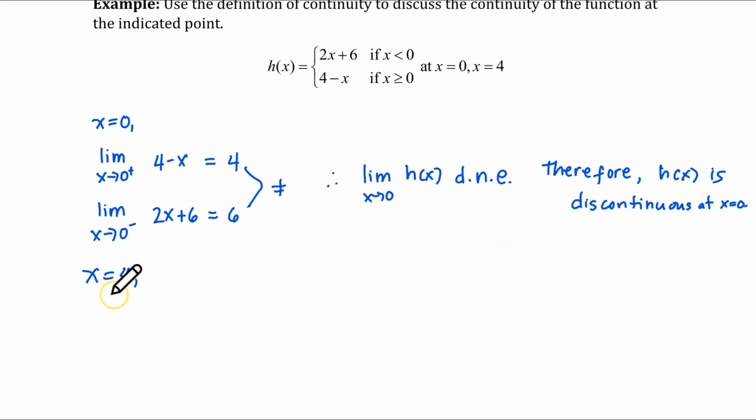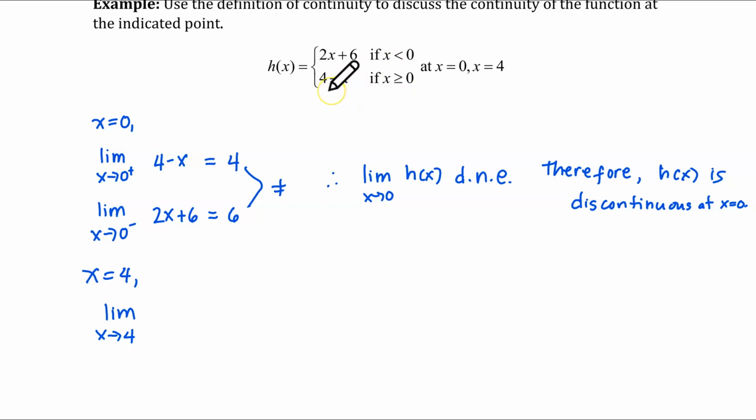Now, let's discuss continuity at x equals 4. So first, let's find the limit of the function as x approaches 4. Now, 4 is on this interval here, and 4 is not an endpoint of the intervals here, or the endpoints of the inequalities here.